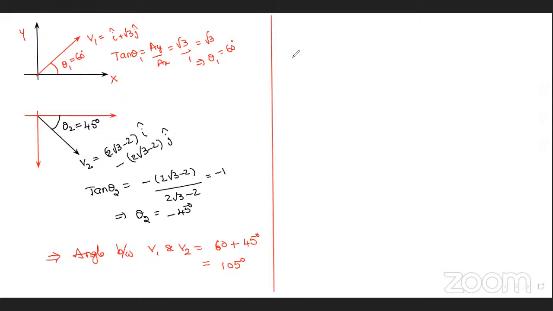A particle of mass m is moving along the x-axis with an initial velocity u1 given as u i cap. Better I say this: two particles of equal masses, M1 equals m, M2 also equals m, with respective initial velocities u i cap and u2 equals u by 2 into (i cap plus j cap).